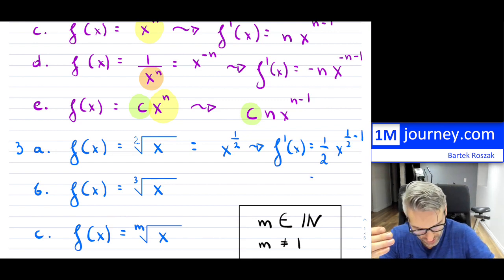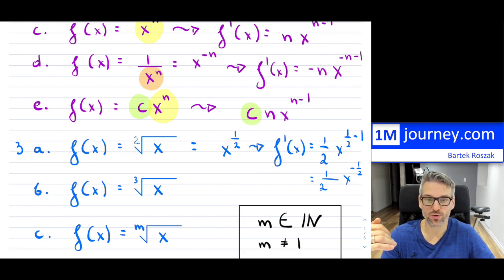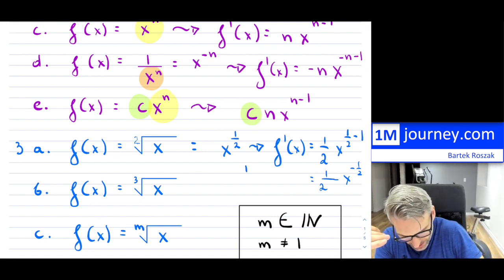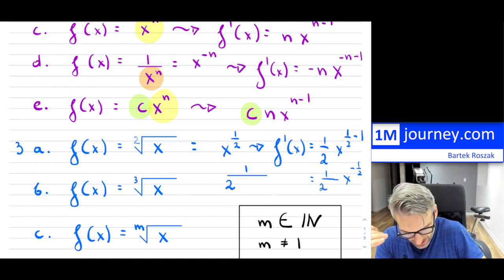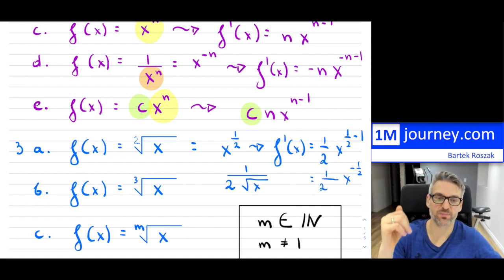So therefore, this would have been simply 1 over 2, and then x to the negative 1/2, which I can bring back to the radical symbol. In that case, this would have been 1 all over 2 times the square root of x, by using the exponent rules.